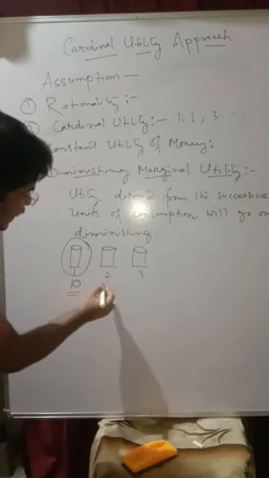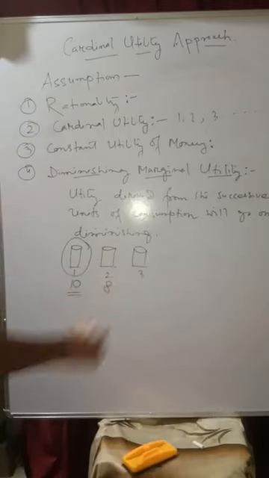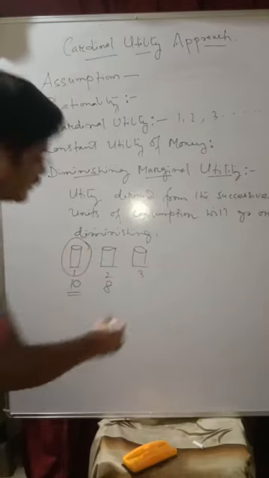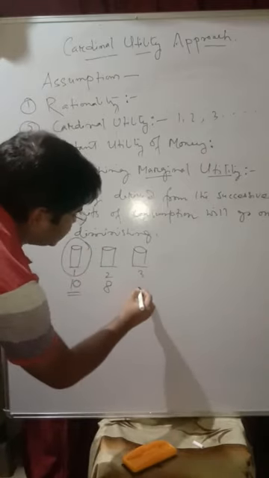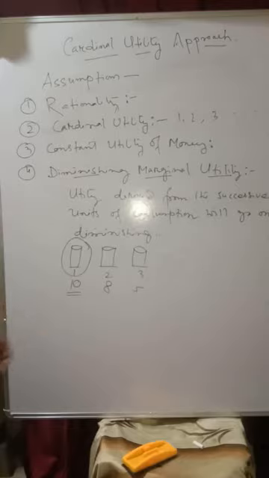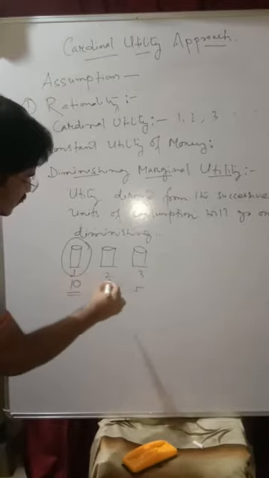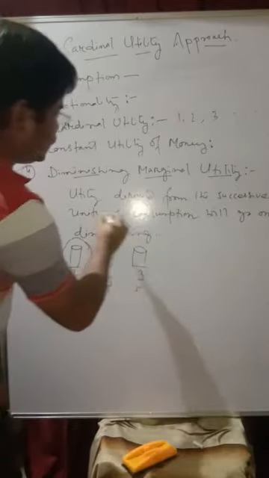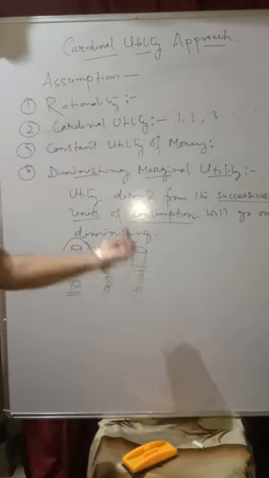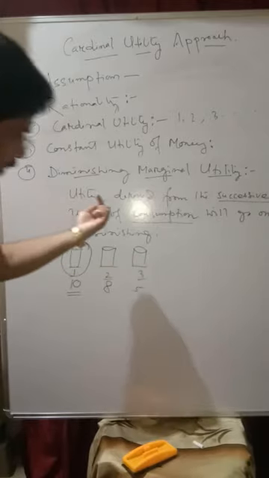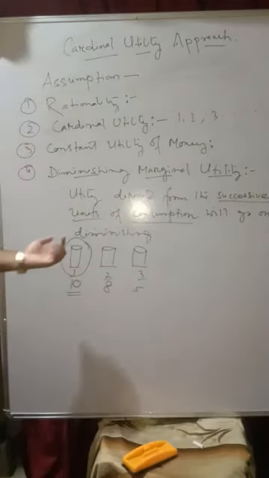So if it is 10, then it will be less than 10, suppose 8, and for the third one, suppose 6, or suppose 5. So from the successive units of consumption, your marginal utility is going on diminishing.